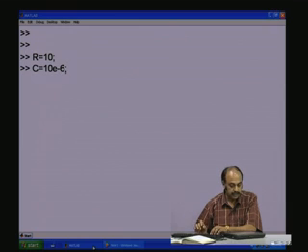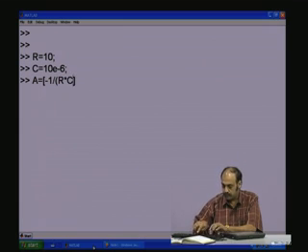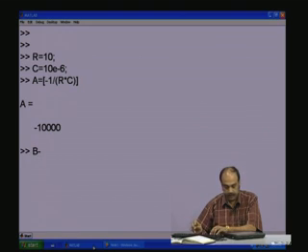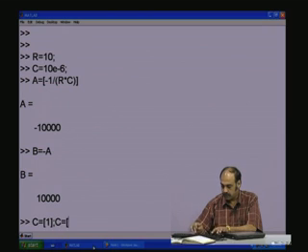Therefore, I am writing it as 10 E minus 6, and then the A matrix can be written within square brackets as minus 1 by R into C. This would be the A matrix, and the B matrix is nothing but the negative of the A matrix. And of course, the C and the D matrix are very trivial, and the D matrix is 0.